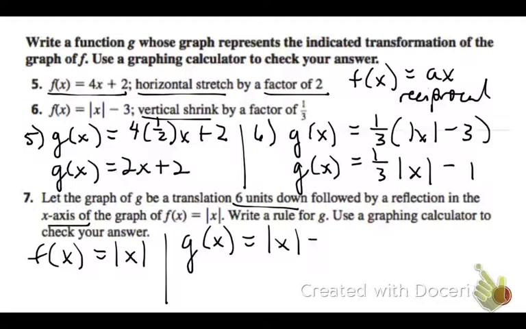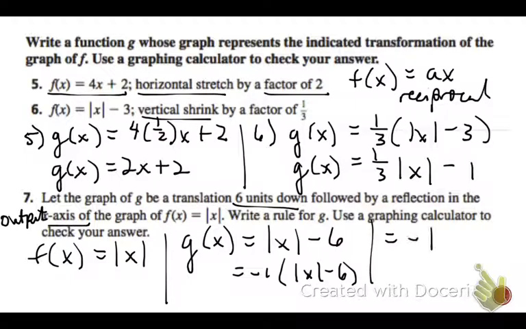So that means I'm going to subtract a value right out at the end of the function. That's a k value. Now a reflection in the x-axis. So I need all of the outputs to be negative. So I'm going to multiply the entire function by -1. So g of x will equal negative absolute value of x plus 6.